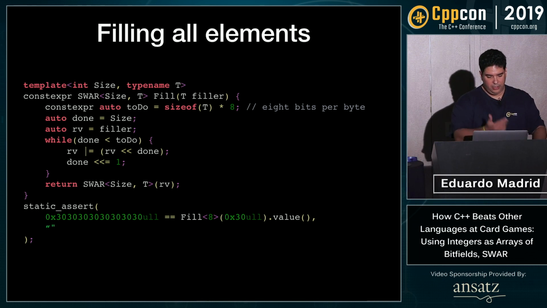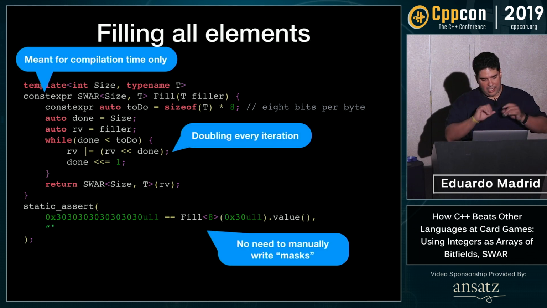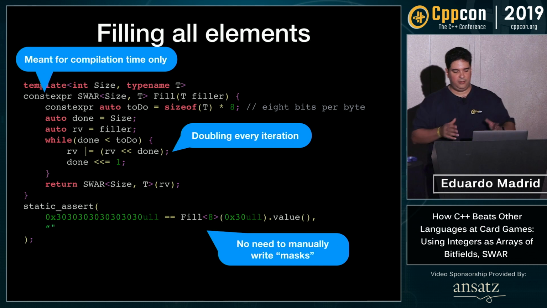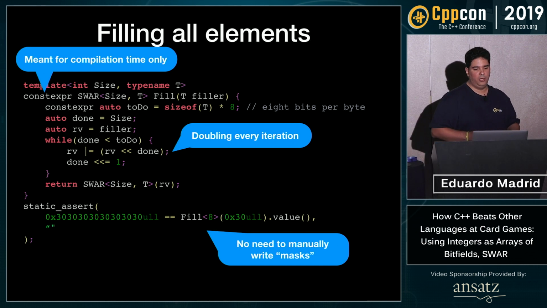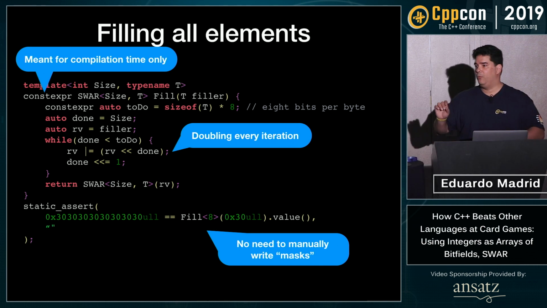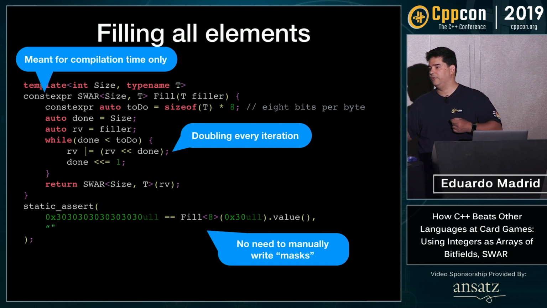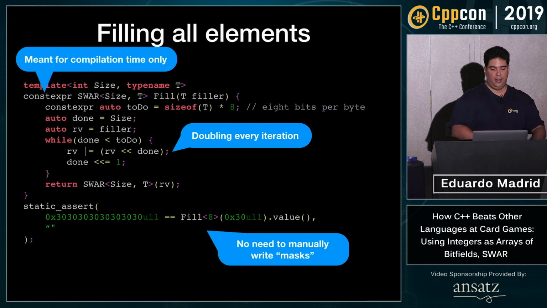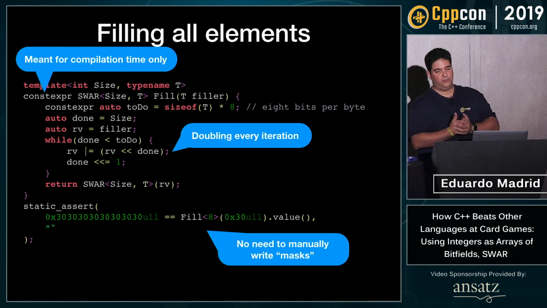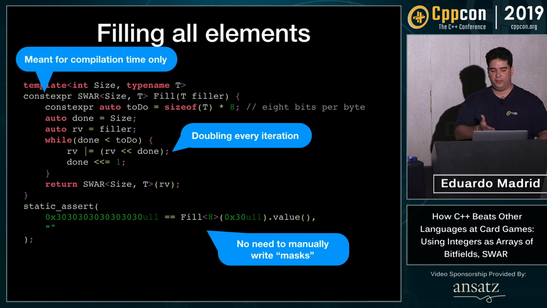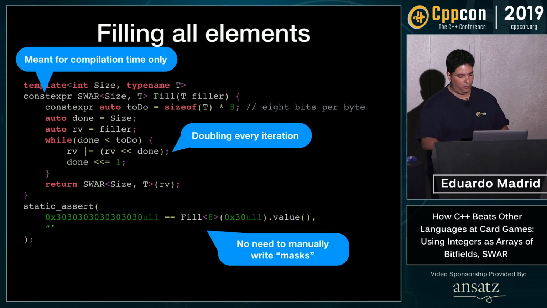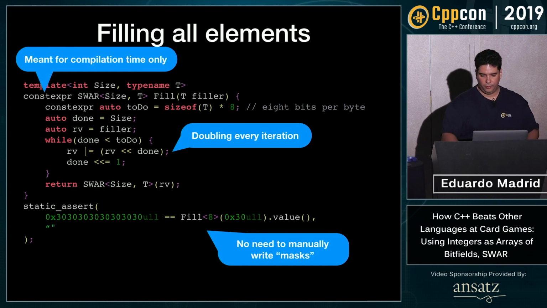You don't have to do the manual counting of how many times to copy and paste, which can be error prone. Especially, sometimes you want to generate the corresponding mask for a size of 4, for a size of 8, for a size of 16. You might have the program, but you cannot express it in something like Python or C, but C++ lets you do it, and this is how I chose to do it for my own code.